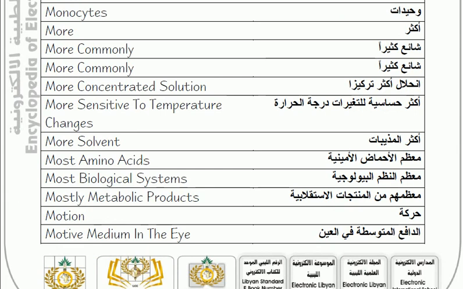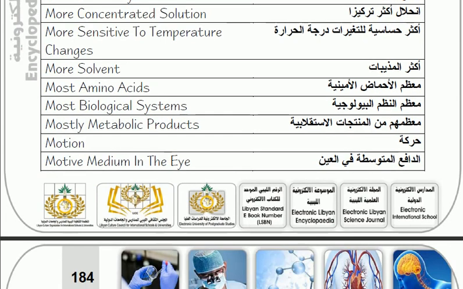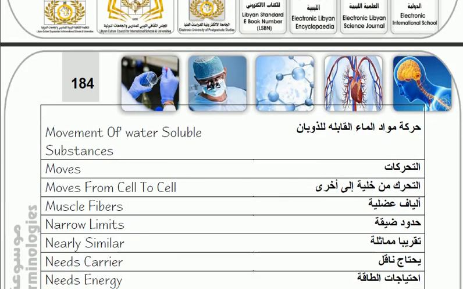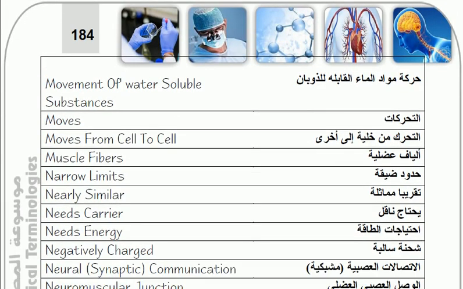More sensitive to temperature changes. More solvent. Most amino acids. Most biological systems. Mostly metabolic products. Motion. Motive medium in the eye. Movement of water-soluble substances. Moves. Moves from cell to cell.